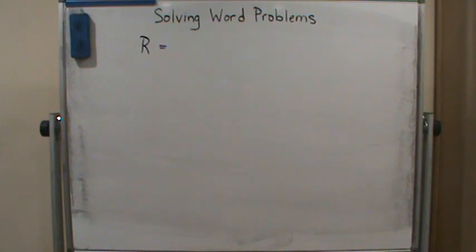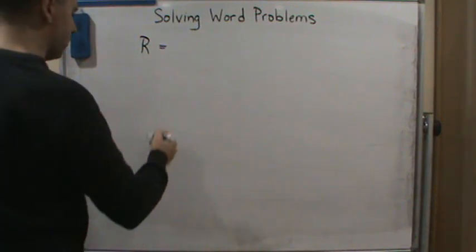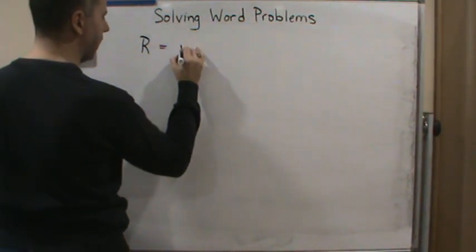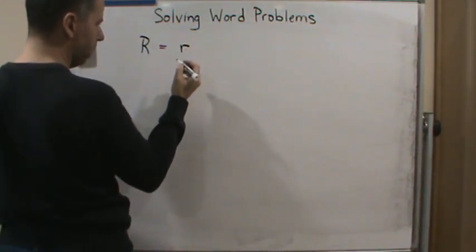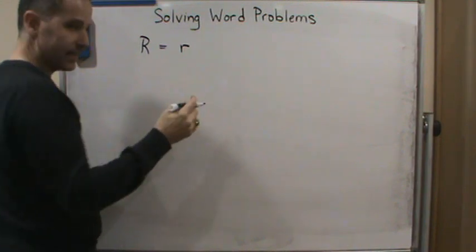So it's equal to the resistivity, right? So resistivity times the length of the wire. So we can look at this as resistance is equal to the resistivity times length. Okay, so let's do resistivity as lowercase r. Resistivity of the metal, right?